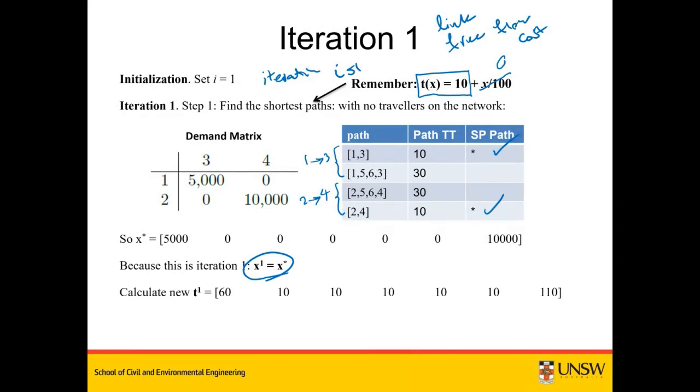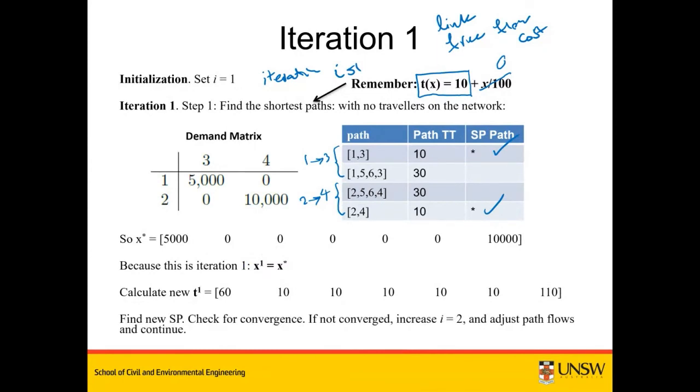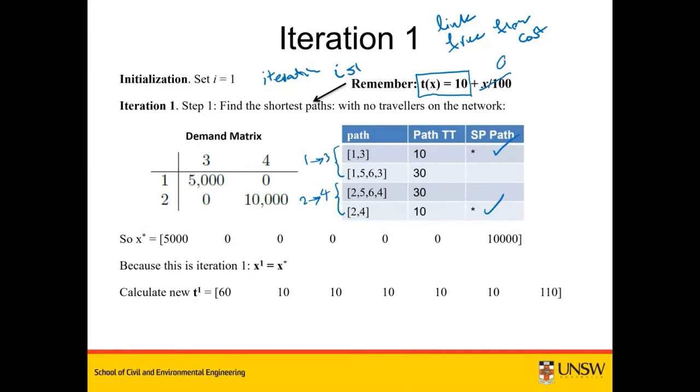So if x1 is equal to x star, that means we can actually get the new travel times. So if we calculate the new travel times on the links, if I go back, remember this was the link performance function. So what would be T1? Oops, sorry. So T1 would be equal to 10 plus x1 over 100. So x1 is 5,000.